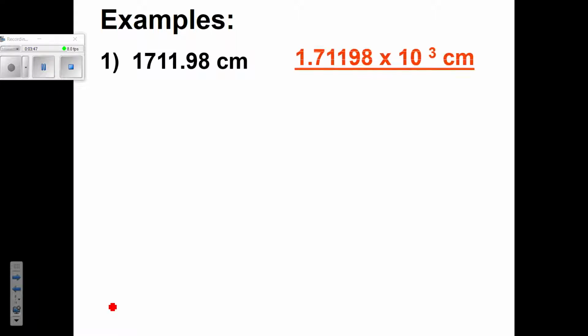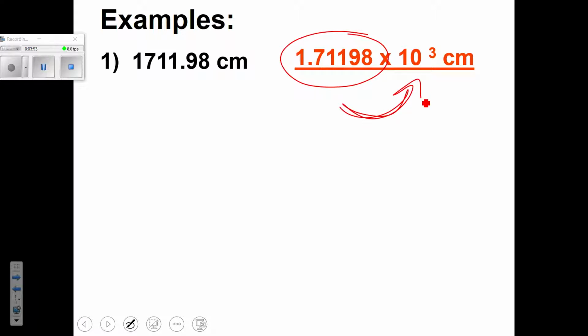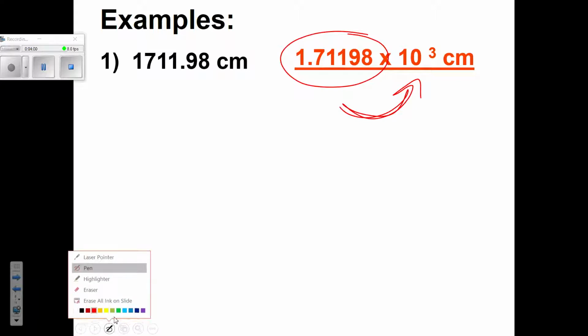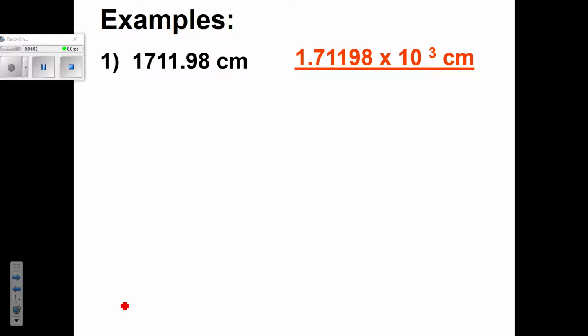So sometimes I understand when you look at these, you think, well, then why am I writing all of this, right? Because now I've just done more work. But the idea here is that if you did have a number that was extremely large, we're talking space science stuff here, like how far is Jupiter from the Earth, right? You're going to have lots and lots of meters there. We could represent that using scientific notation.